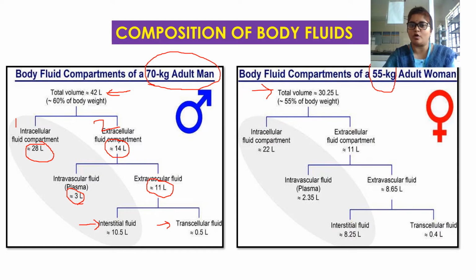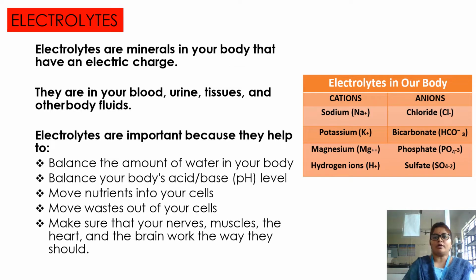Again the total volume is divided into intracellular fluid, extracellular fluid, intravascular fluid and extravascular fluid, interstitial fluid, as well as transcellular fluid. So like this we have different types of fluids present in the body.